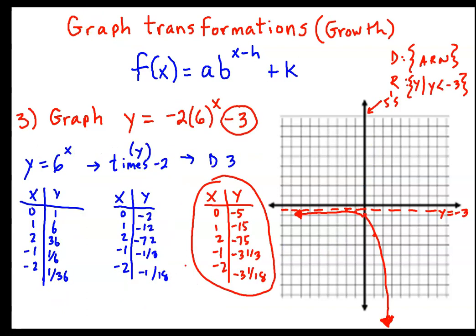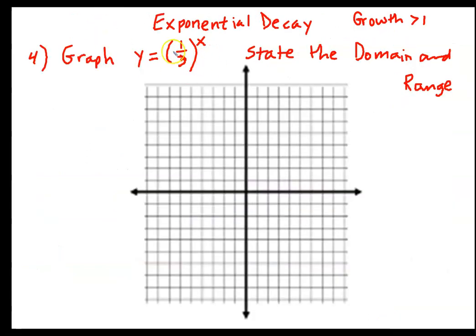Okay, so that's the thing that distinguishes in function form growth from decay. It's this base number. So you'll know you're dealing with decay if this number that we call the base, directly underneath the exponent x, is between 0 and 1.